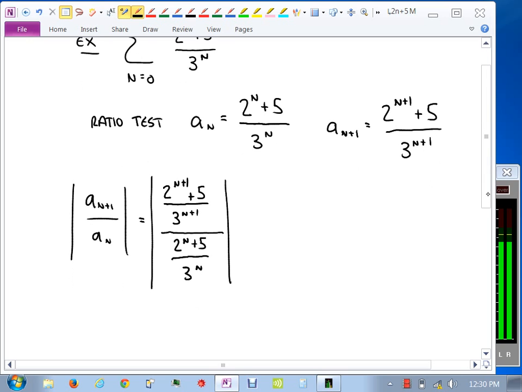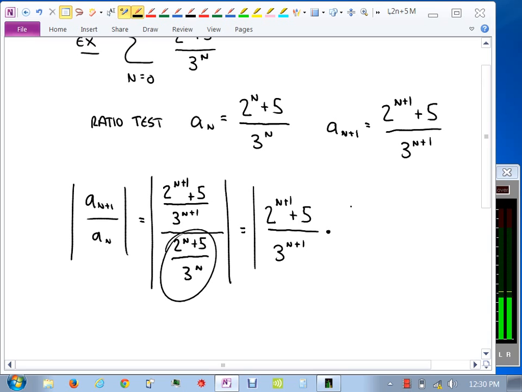And a fraction over a fraction means you flip, reciprocal. So this is the same as 2 to the n plus 1 plus 5 over 3 to the n plus 1, times the reciprocal of that denominator, which would be 3 to the n over 2 to the n plus 5.